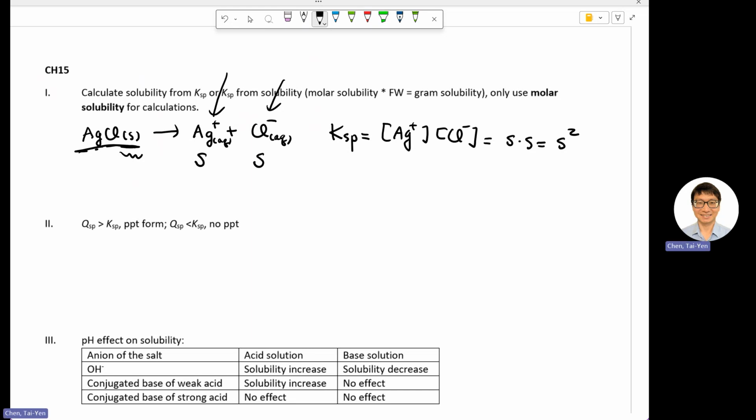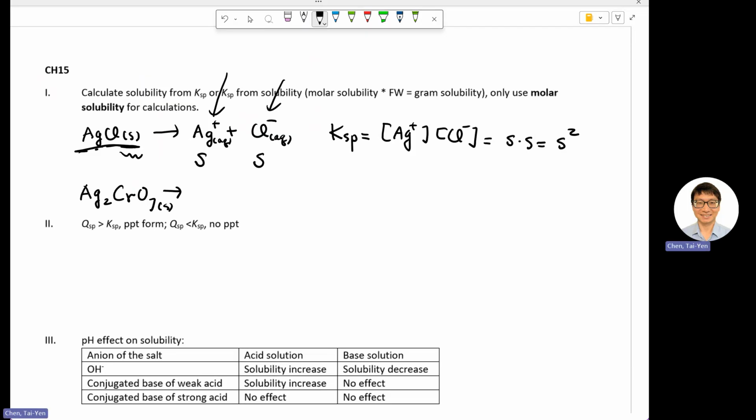The part that gets interesting, meaning the part that is going to be tested, is if I give you another insoluble salt, let's say Ag2CrO7.